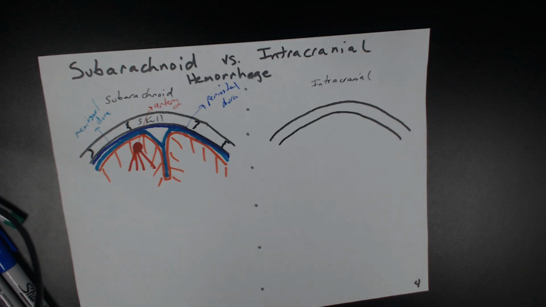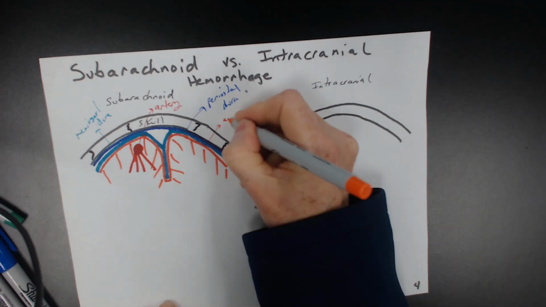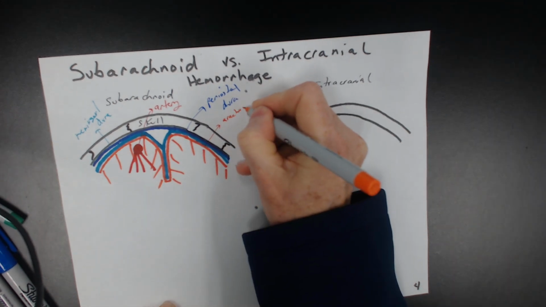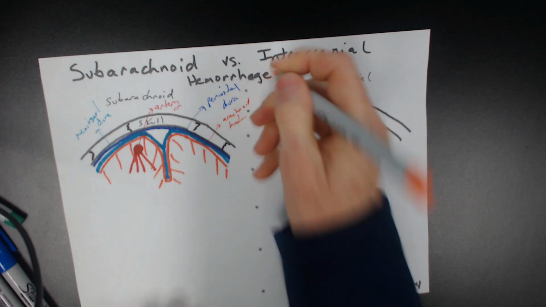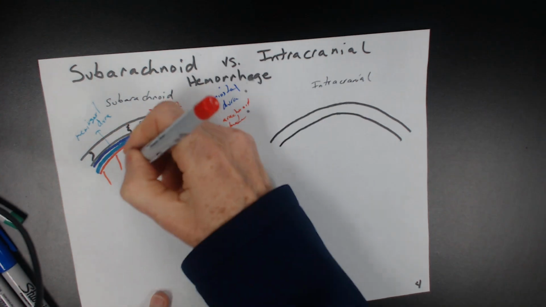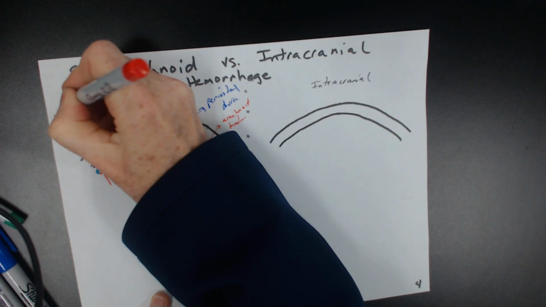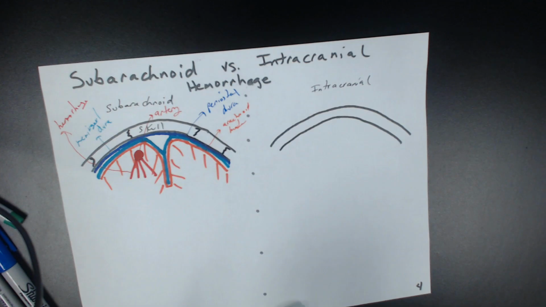So here is arachnoid matter, and then here's your hemorrhage here. Okay.